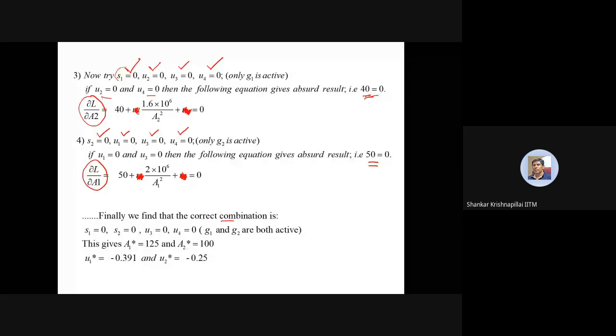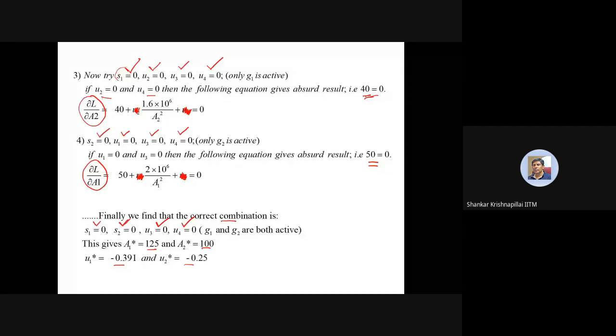Let us solve this equation, and you get A1 equal to 125, A2 equal to 100. The values of U1 and U2 are coming negative, which is acceptable. So this is how you get the correct answer.